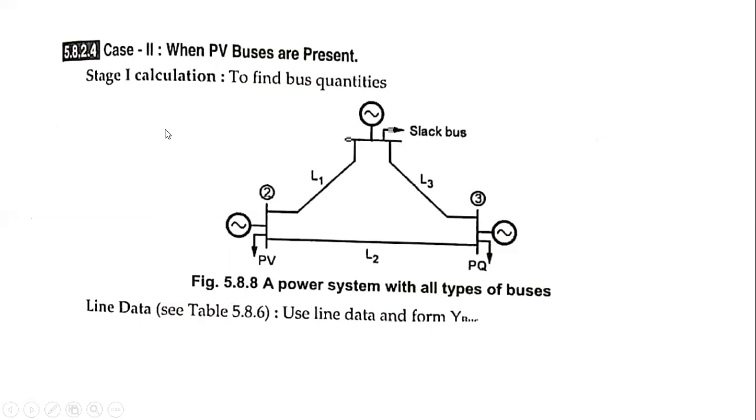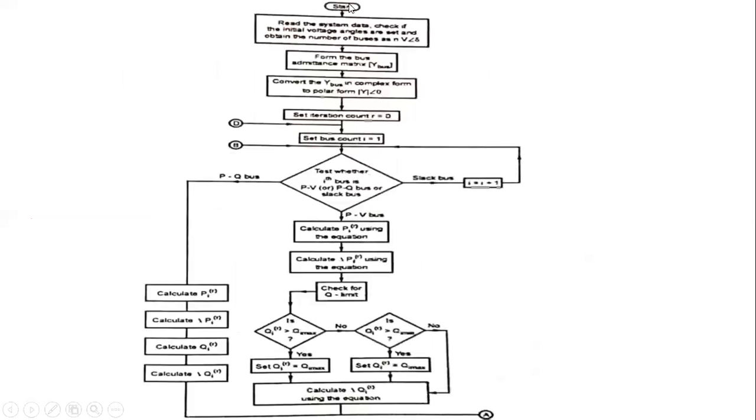Okay, in step 1, while observing this Newton-Raphson method, first start, read the data, line data and form the Y bus. Then the Y bus quantities will be converted into polar form, that is Y at an angle. Next, set the iteration count, that is R equal to 0.